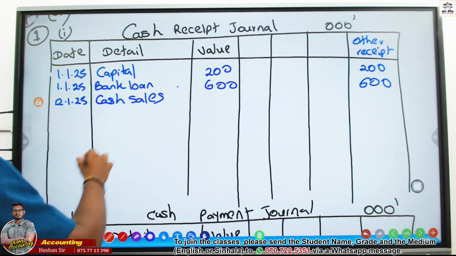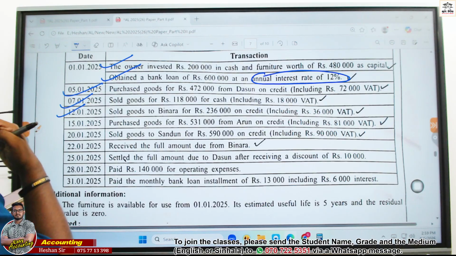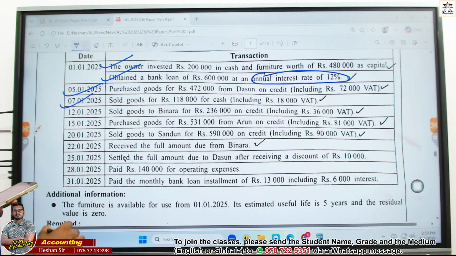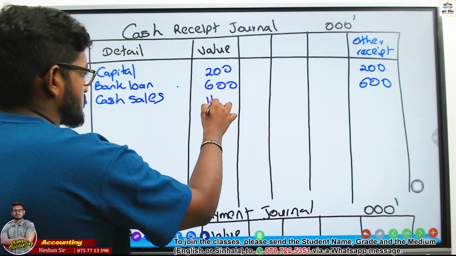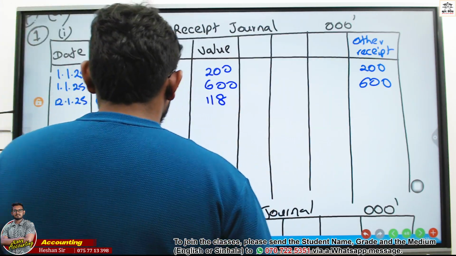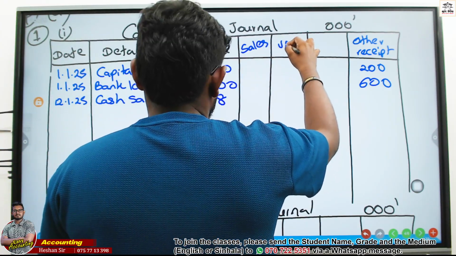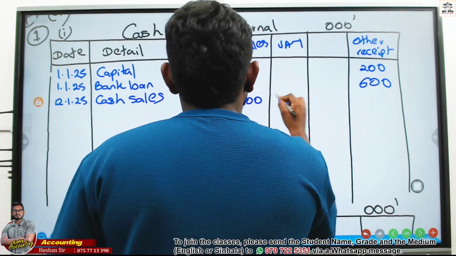How much? That is 118,000, right? So including 18,000 VAT, right? Sales and the VAT. Right? Sales 100,000, VAT is 18.